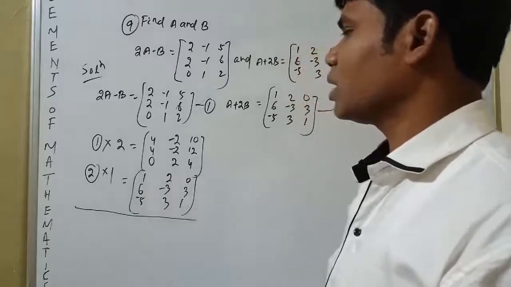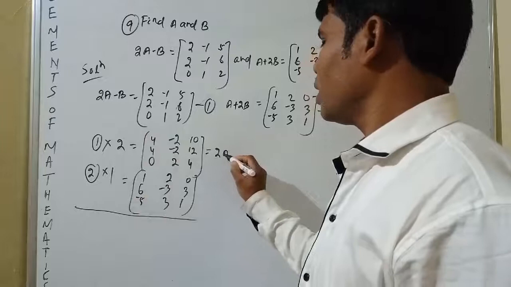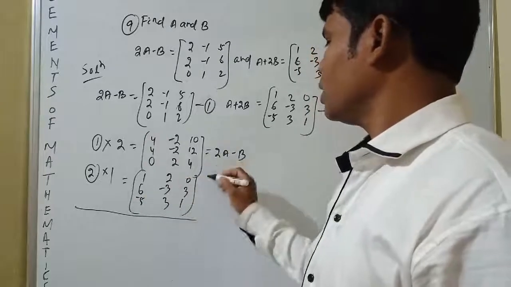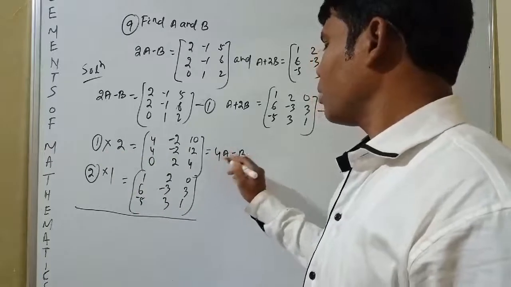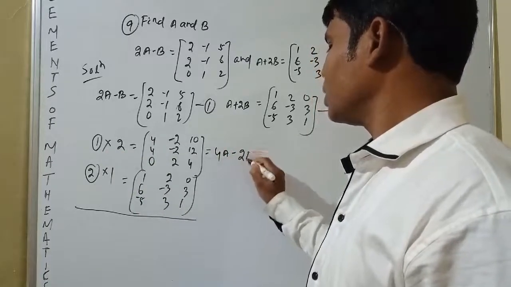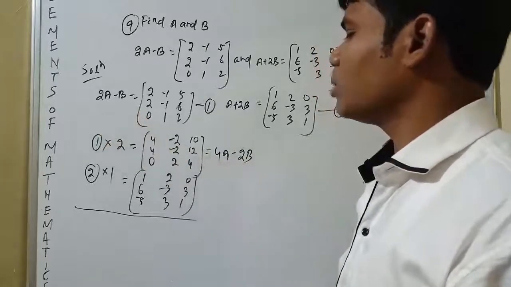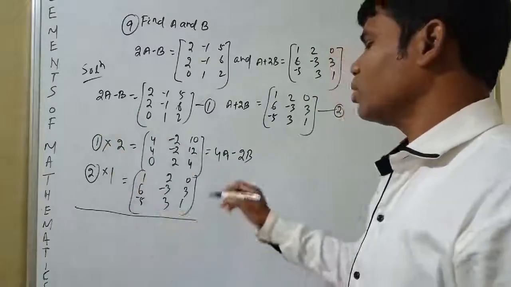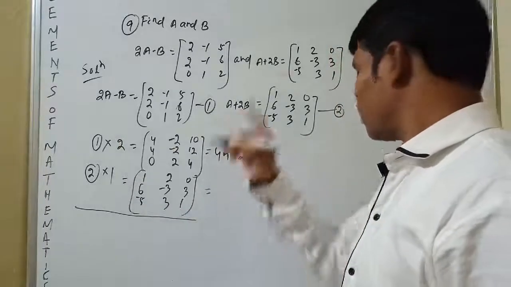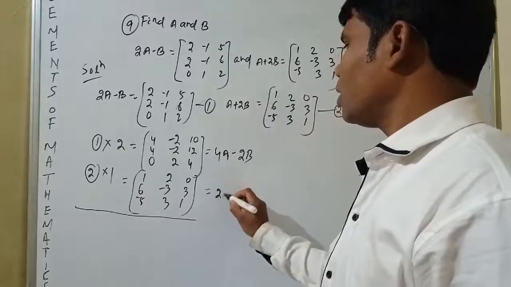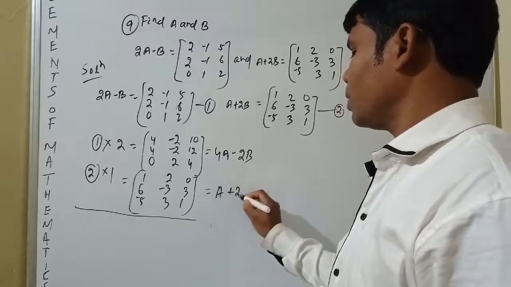How much can you get? On the left side, 2A minus B multiplied with 2 becomes 4A minus 2B. On the right side, A plus 2B stays as it is.